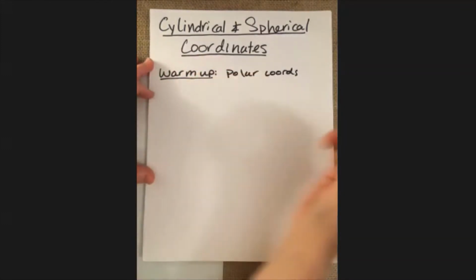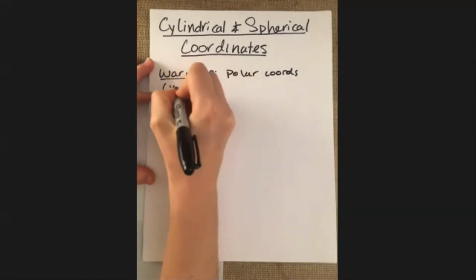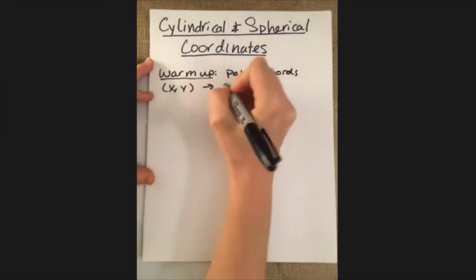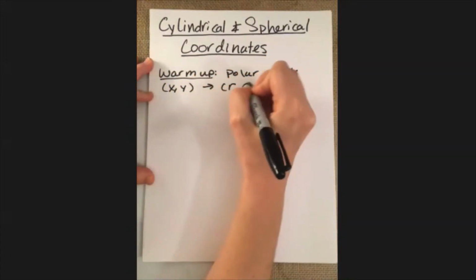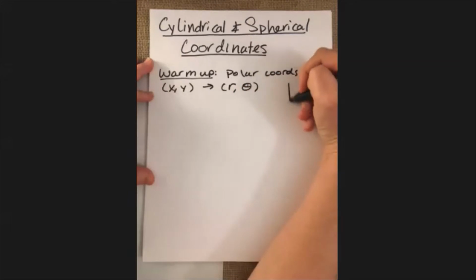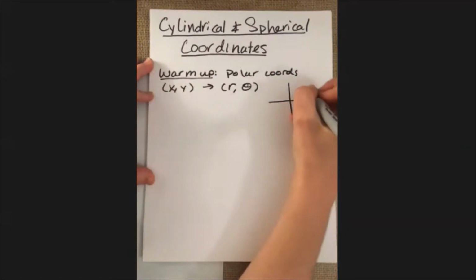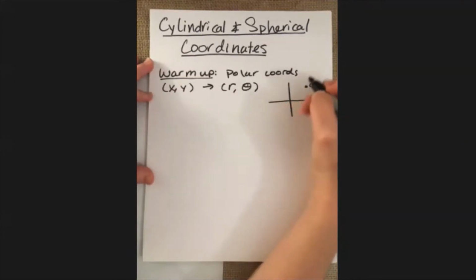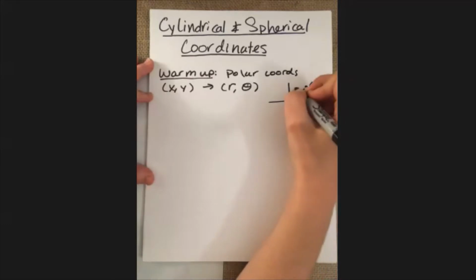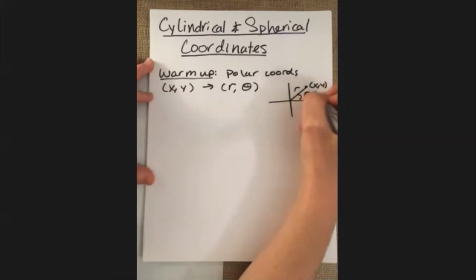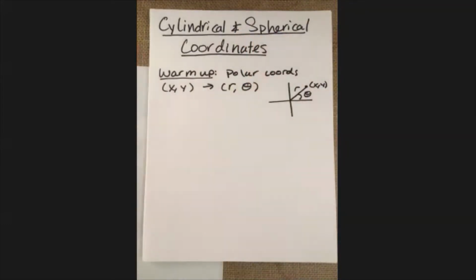Our goal is to go from working in Cartesian coordinates x, y, into working with everything in terms of an r and a theta, where if we look at our graph, if we have a point x, y, we can talk about it in terms of distance from the origin r, and then an angle theta that tells us how far that arm moved.